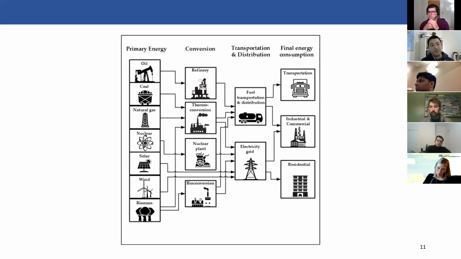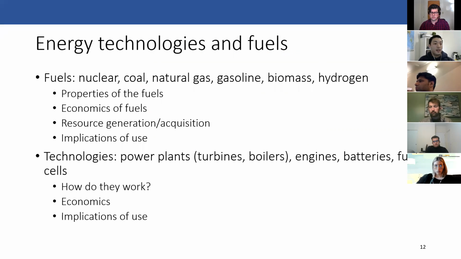But we'll be talking about basically all of these individual components before we link them all together. So you'll have to look forward to being able to understand each of these boxes individually. We'll be talking about all the traditional fuels that you were seeing in that primary energy diagram. We'll talk about properties of the fuels, economics, resource generation and acquisition, implications of use.